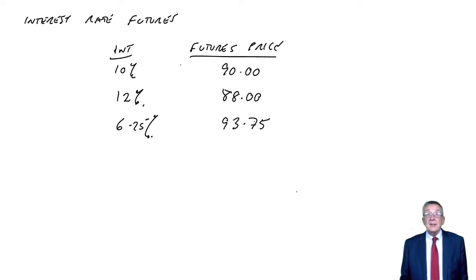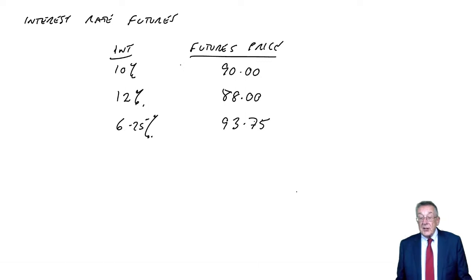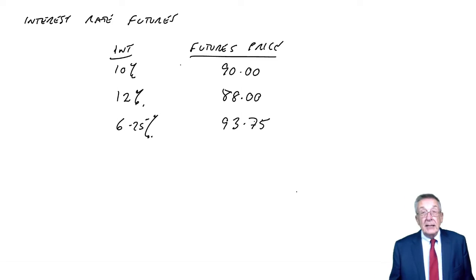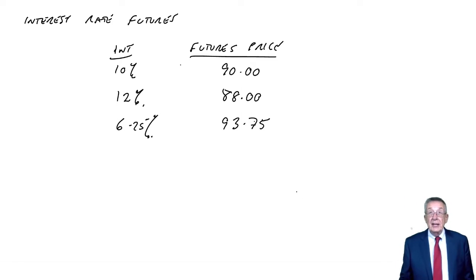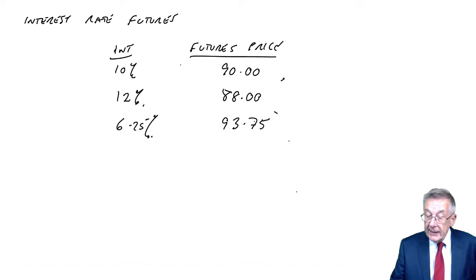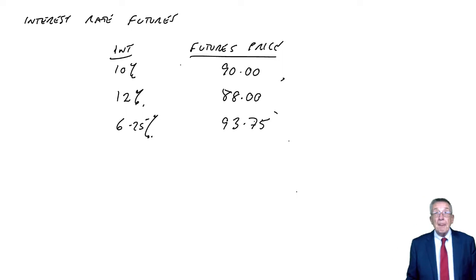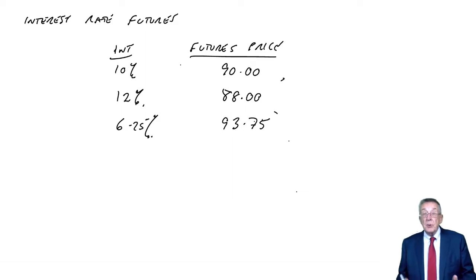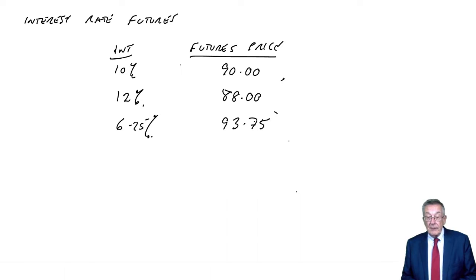And that in itself isn't hard, but as interest rates go up and down, the futures prices change, and to cancel the risk on the interest rate, we will buy and sell futures, like we were doing before. Depending on whether the price of the futures has gone up or down, we'll make a profit or a loss.